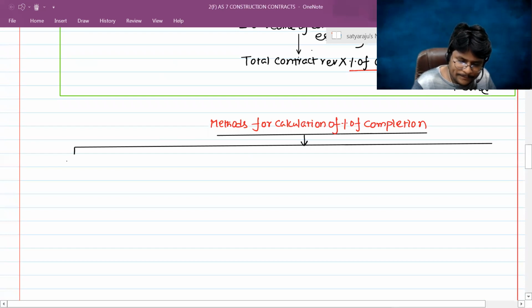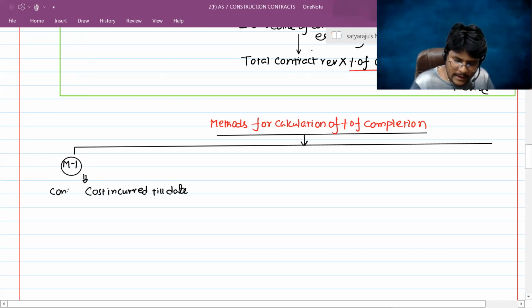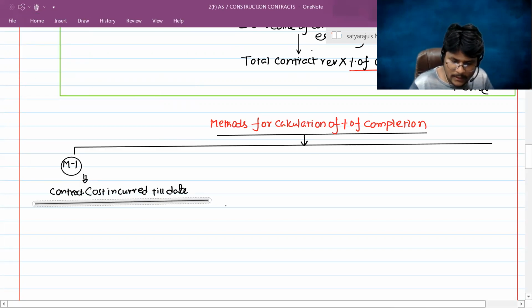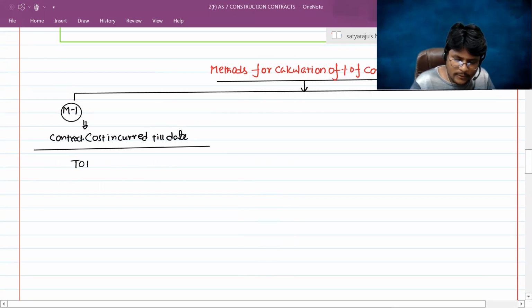Method number 1: how we are going to calculate the percentage of completion is contract cost incurred till date divided by total estimated contract cost to complete the contract.